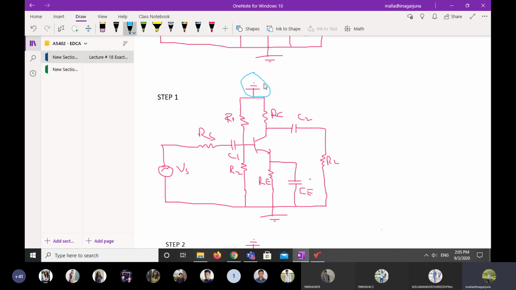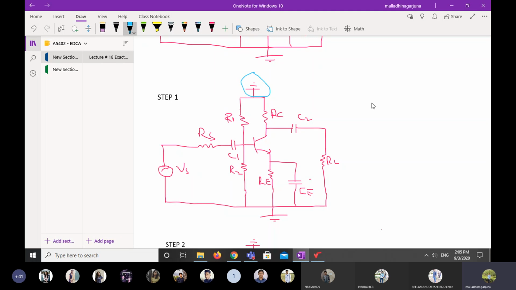And what is step 2? Replace all capacitors with short circuit. Based on these steps, you can draw the circuit again.